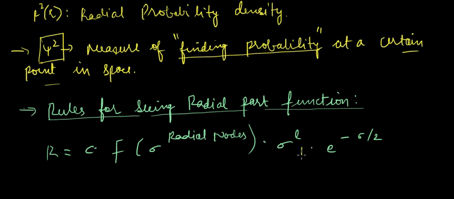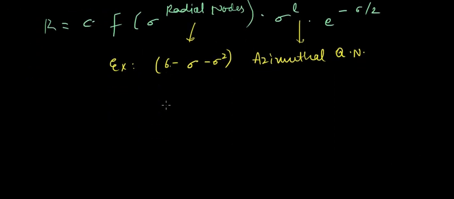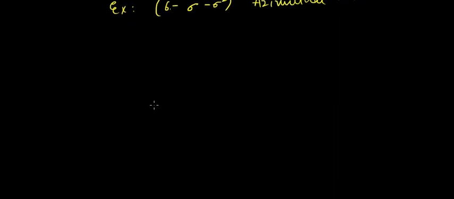The radial nodes are directly implicit here. An example of such a function, which we saw in the case of the 6s orbital, is 6 minus sigma square.